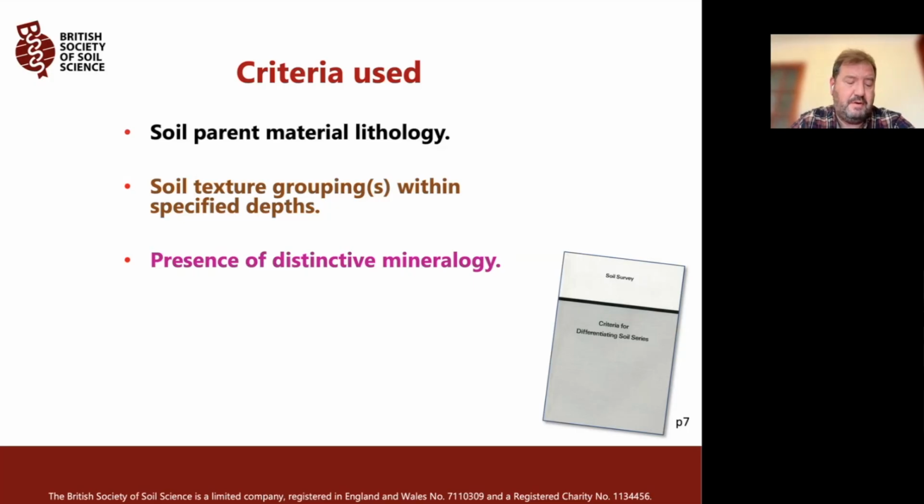So shrink and swell behavior of smectite-rich clays, high levels of nutrient availability, cation exchange capacity, the soil structure, and also the different colors and chemical behaviors, things like iron oxides as well. So these criteria can be used to try to identify the different types of soil. So we're looking at the origin of the parent material, the physical behavior, and the chemical or mineral behavior of the soil. So these are the three key defining criteria.